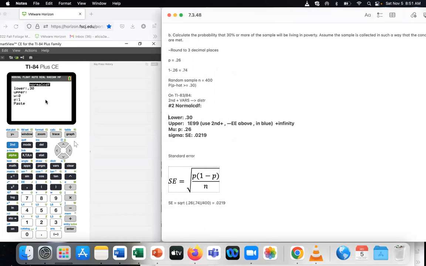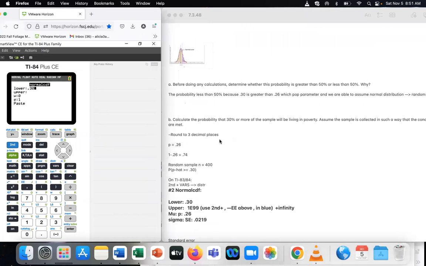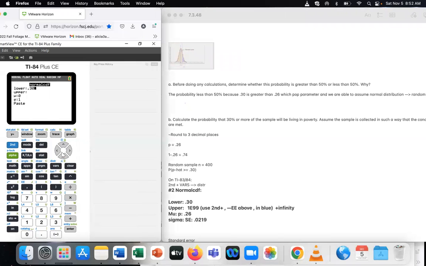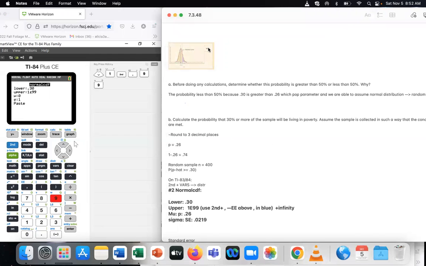And then we want our upper bound to be infinity, going back to our drawing that we had. That would be 1, and we're going to do our second EE99. And I know it only puts that normal E. It's like 1 times 10 to the 99th power.